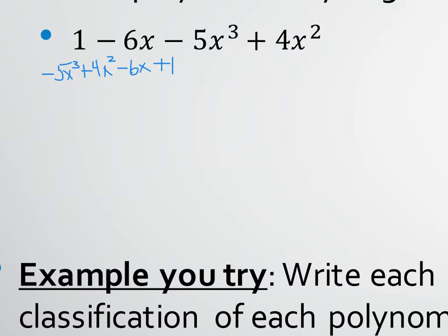Now, if we were to classify this by degree, well, remember, we've written it in standard form, so we're looking at this leading degree here, and we're going to call this a cubic. And now we have to classify it by the number of terms. Notice we have 1, 2, 3, 4 terms, so this is a polynomial. And that's all you've got to do.